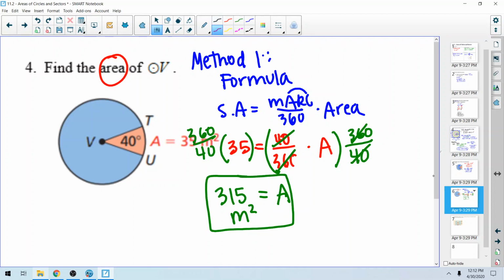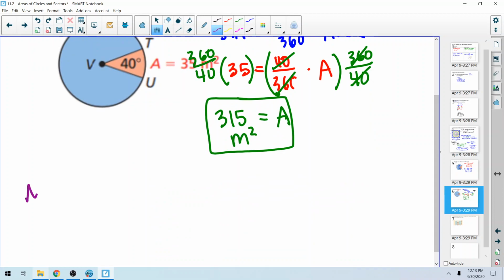Now, method 2, we're going to use a ratio. Okay, now what they're telling us is the whole circle is 360 degrees, and I've cut it up into sections of 40 degrees. Okay, so that's so many sections. One of those sections has an area of 35.